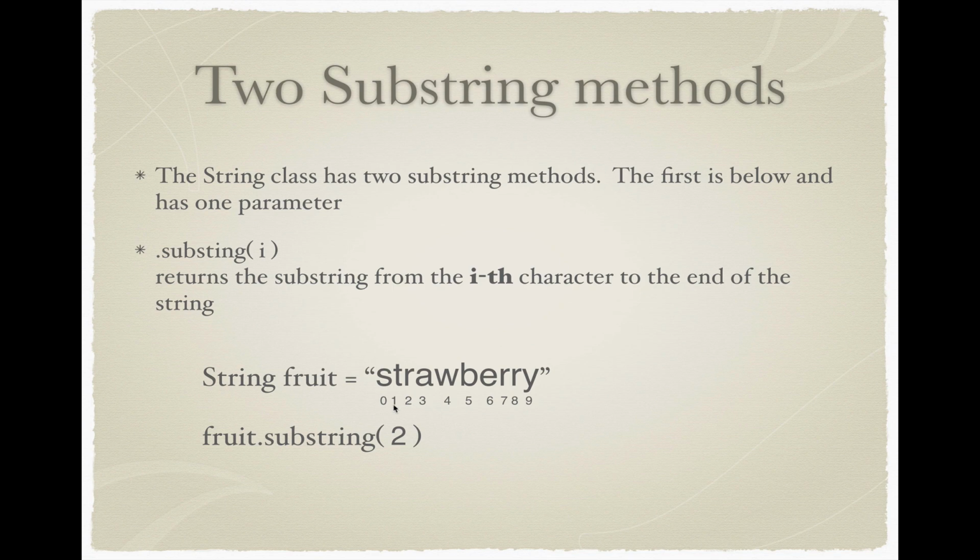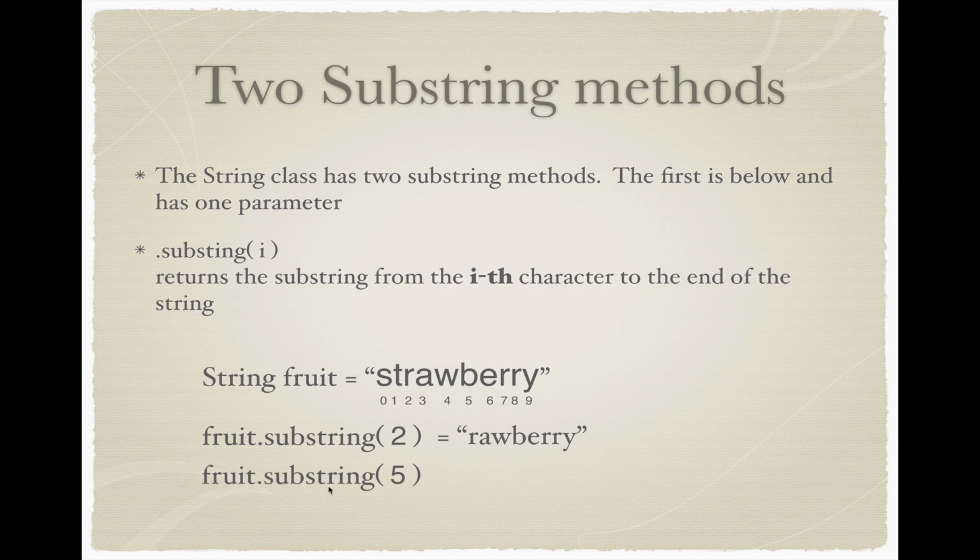Now in computer science you have to remember we start counting at 0, so S is actually at the 0 position, and the second position, or position 2, is the letter R. So we're going to start at R and go to the end. What we're going to get is rawberry.